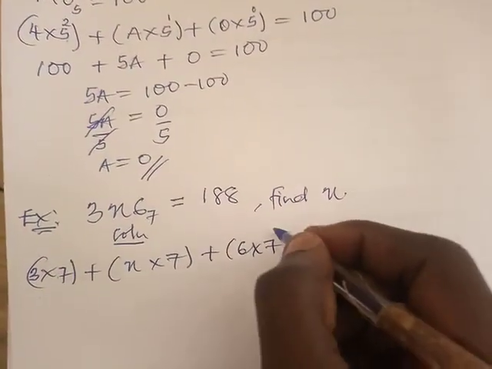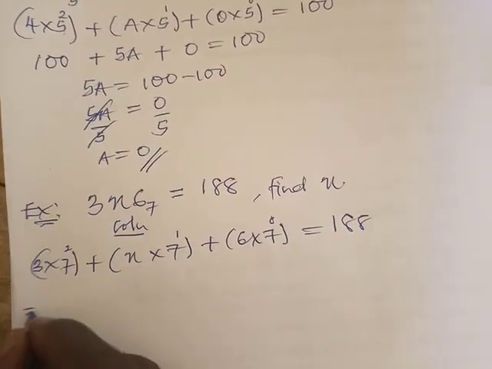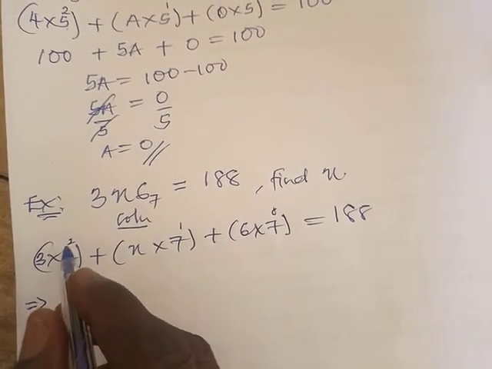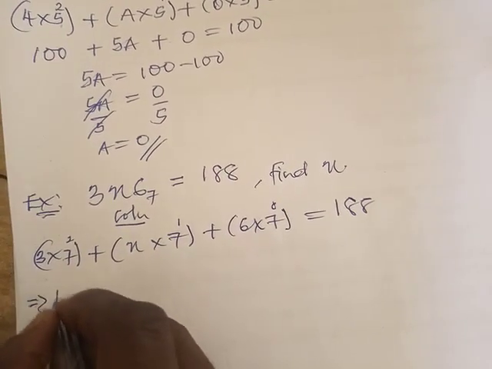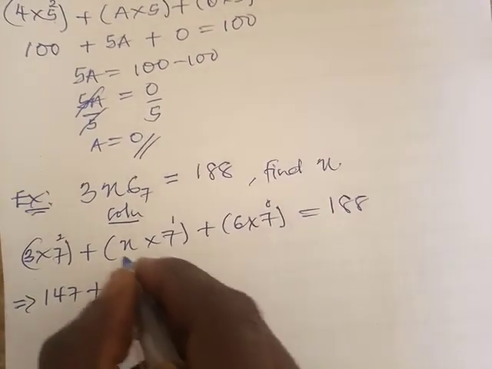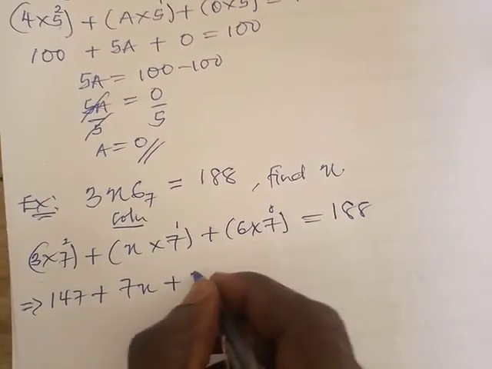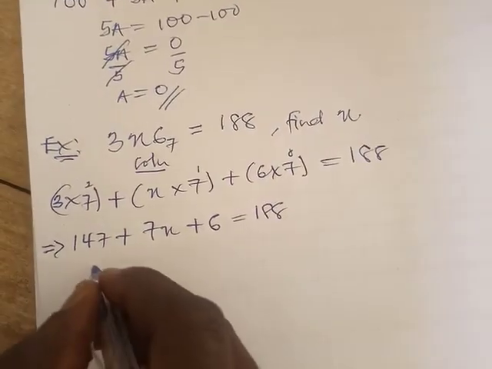So let's show the exponents 0, 1, and 2. So 7 squared is 49, and 49 times 3, we have 147, and we have 7x here, and we have 6. So you are going to group like terms.